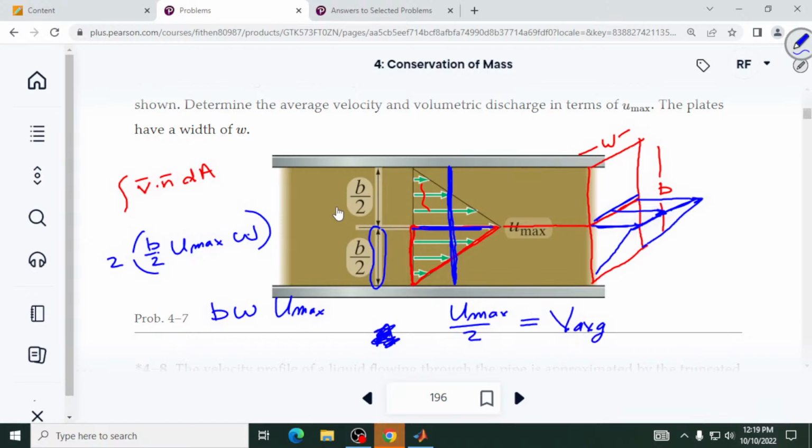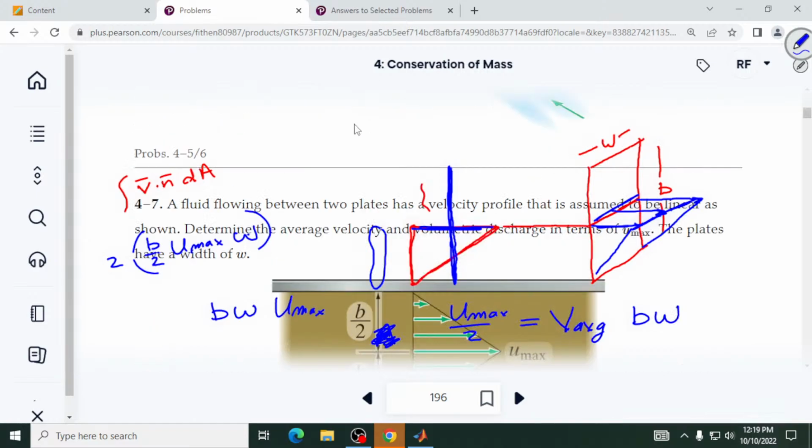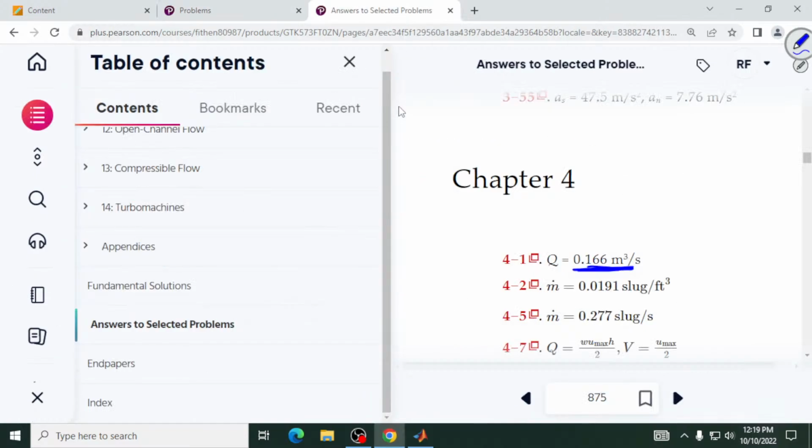So if that's the case, multiply. So I'm just going on times B times W. Let's see. This is 4.7.